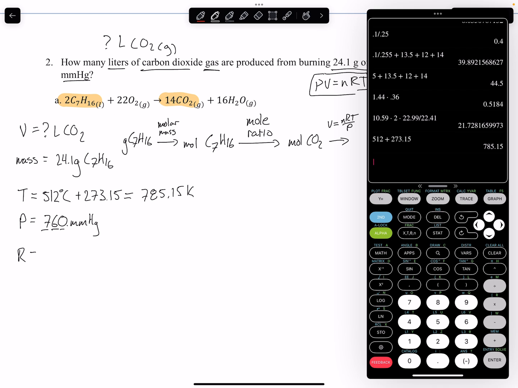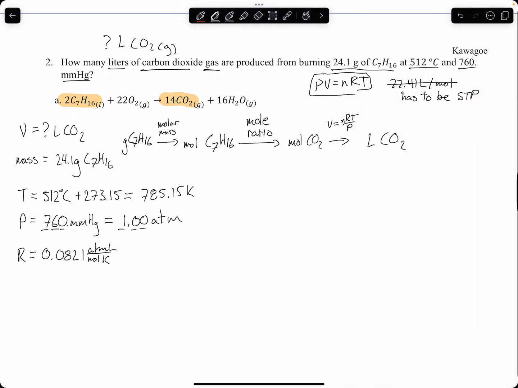Now, I'm going to take a shortcut a little bit here with my pressure, because pressure also needs to be in atmospheres. I didn't write an R, we're going to need R. Oops, 0.0821 atmospheres, liters per mole Kelvin. So my pressure here, 760 millimeters of mercury, with the correct sig figs, because it's 3 sig figs, will be 1 ATM, because if I take 760 and divide by 760 to calculate ATM, I get 1.